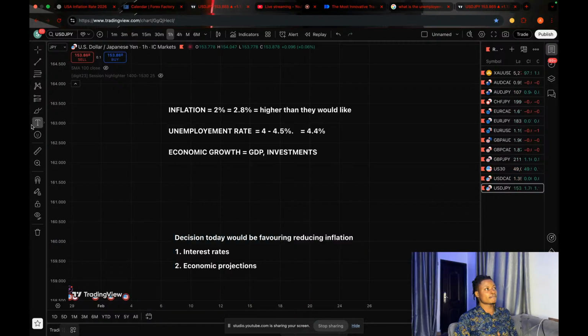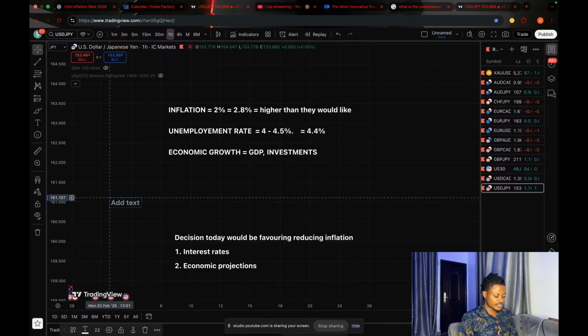Interest rate is the rate banks pay to borrow loans from the central bank. So if I'm a bank and I want to borrow a loan from the central bank and the rate is currently 3%, that basically means I'm going to be paying 3% interest on that loan.